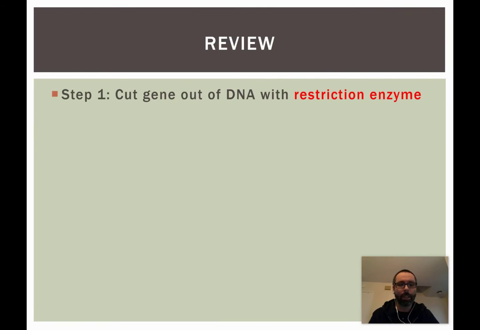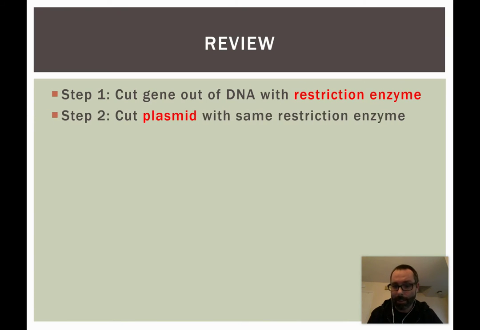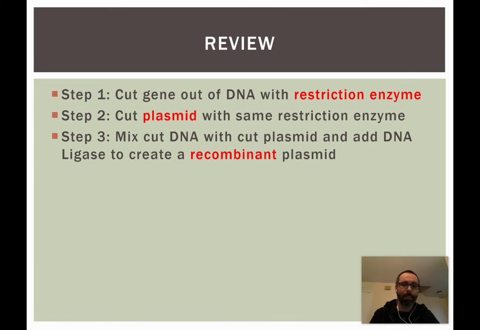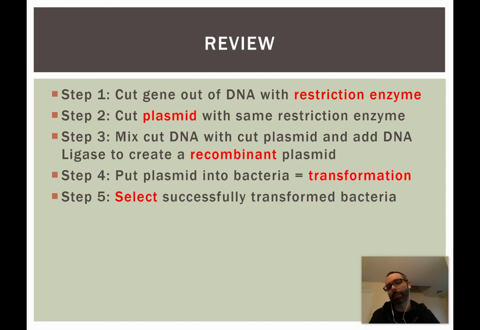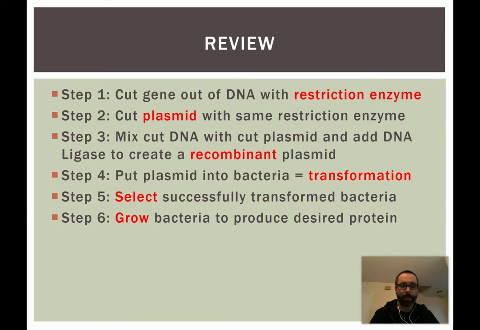So first, you cut out the gene that you want. Then you cut the plasmid with the same restriction enzyme. You mix it all together, and you make this thing called a recombinant plasmid. You take that and you put it into the bacteria. You find the bacteria that took in the DNA and you grow them until you have this big container, and basically the bacteria grow in a liquid, and the liquid then will contain a bunch of insulin because the bacteria will be making the insulin, and the insulin will just go off into the liquid.